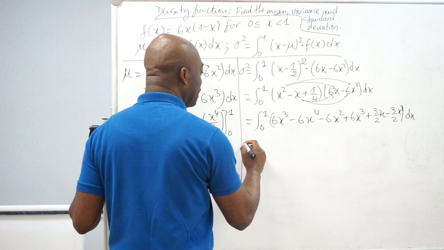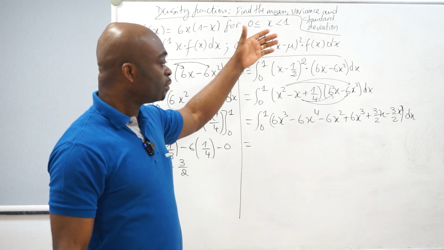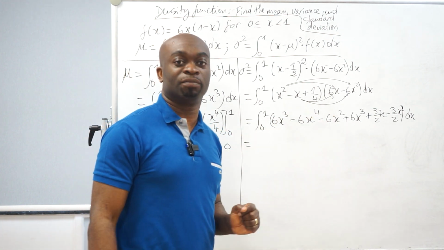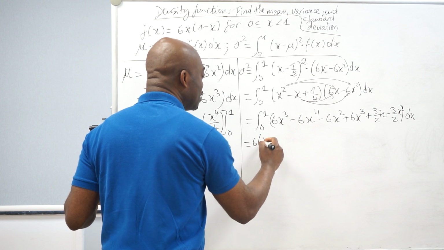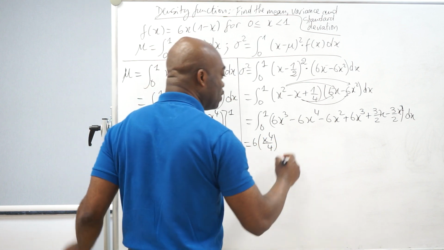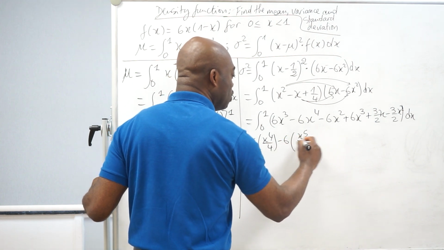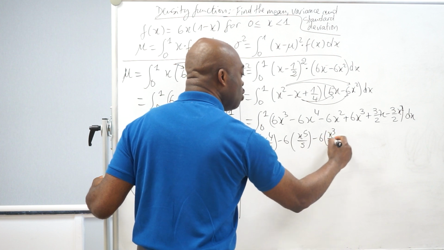Now, here we are. Now that means we are able to do what? To work out the integrals of each of these. Okay? So the first one, 6 times x to the fourth over 4. All right? Second one, minus 6 times x to the fifth over 5. Then minus 6 x cubed over 3.